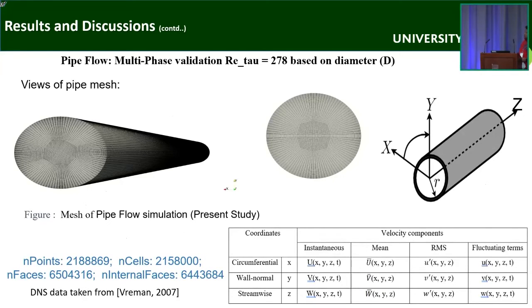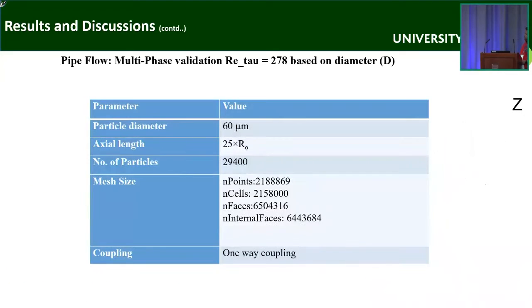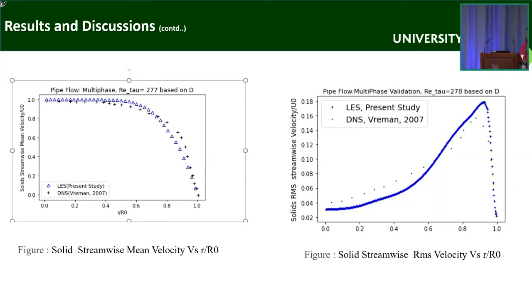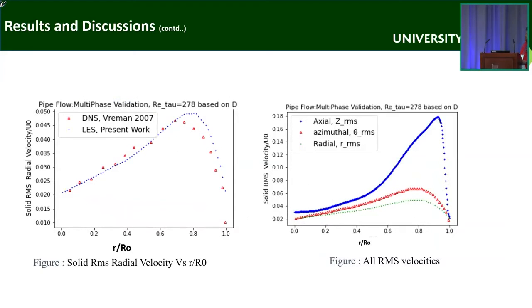I also use the same mesh for the multiphase simulations. Here I try to use 29,000 particles, and my particle diameter is 60 micrometers. Here I also get some results: mean velocity, RMS velocities, and radial RMS velocities, and all RMS velocities are here.